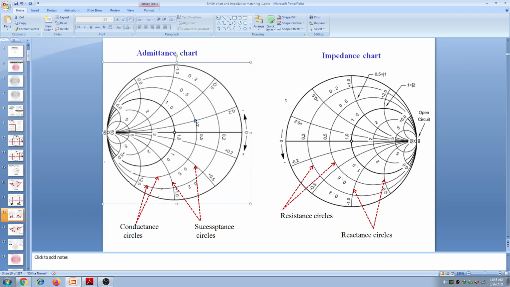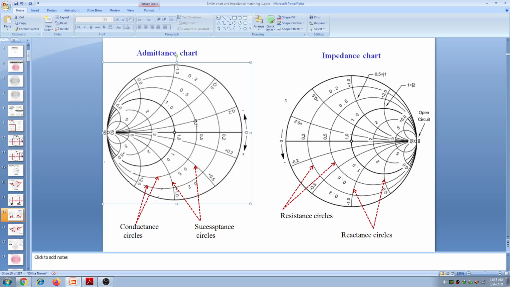Just see which conductance circle is passing through this point. Through this point, the conductance circle passing is this. This is the conductance circle that is passing through this point.